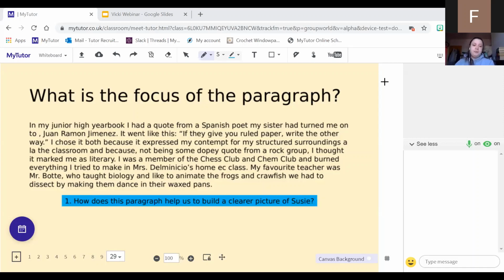and then I can postulate why. So in my junior high yearbook, I had a quote from a Spanish poet my sister had turned me on to, Juan Ramon Jimenez, I think. It went like this: if they give you ruled paper, write the other way. I chose it both because it expressed my contempt for my structured surroundings, a la the classroom, and because not being some dopey quote from a rock group, I thought it marks me as literary.